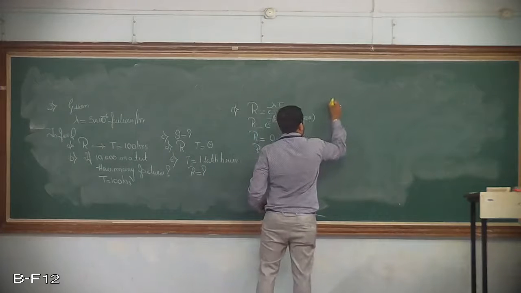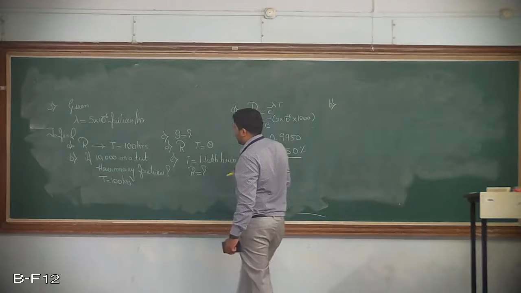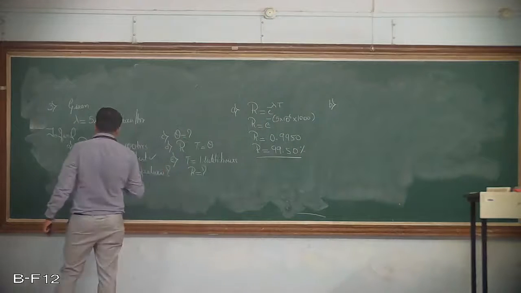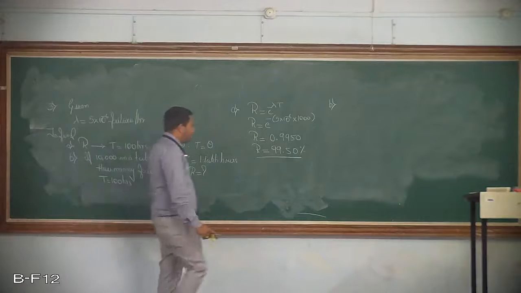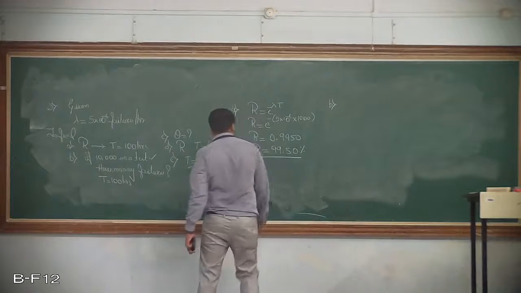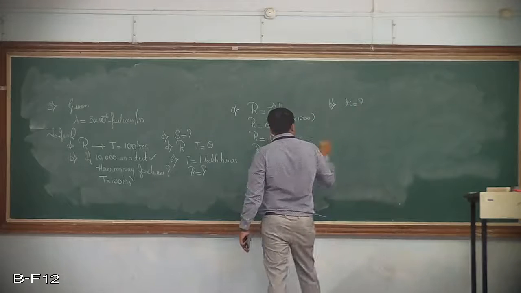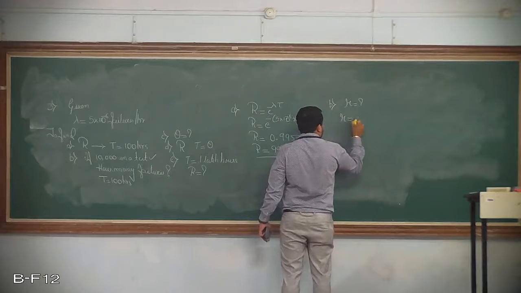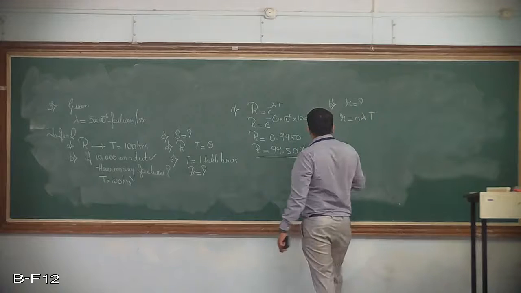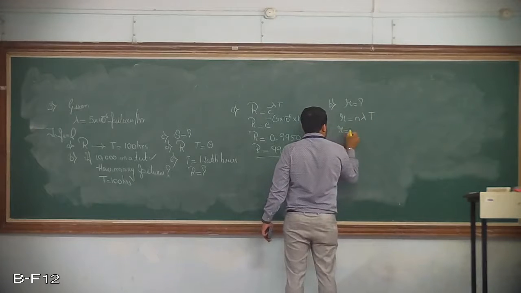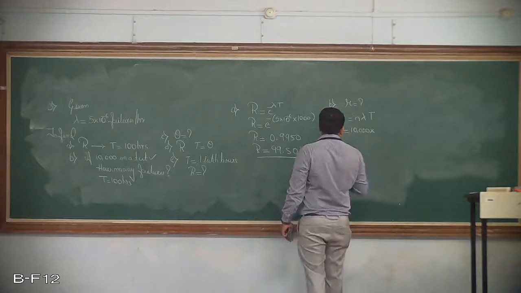Second bit, they have asked if 10,000 parts are considered in a test, how many failures are observed for an operating period of 100 hours. So they have asked you to find the number of failures. We know that it is equal to n lambda t, where n is the number of items considered in a test, that is 10,000, and lambda is the failure rate.